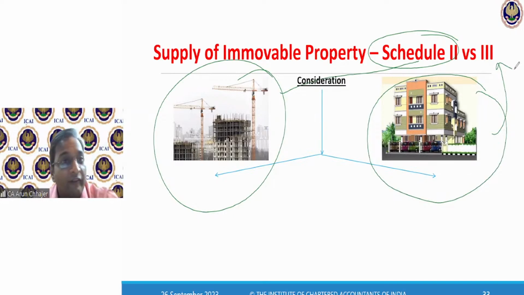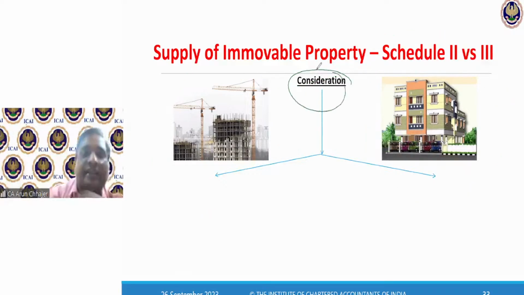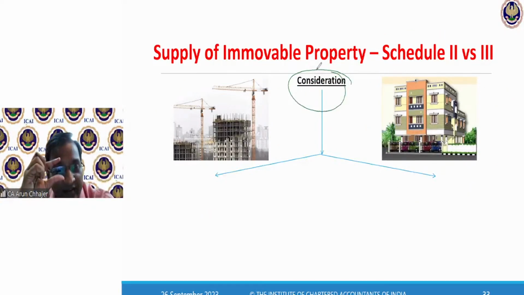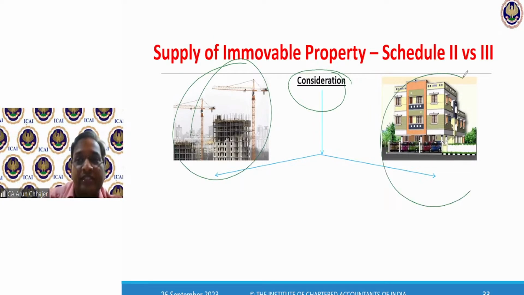So when will this transaction, sale of flat, be considered under construction or when will it be treated as after completion? The time of the consideration is the deciding factor whether it is taxable or out of GST.